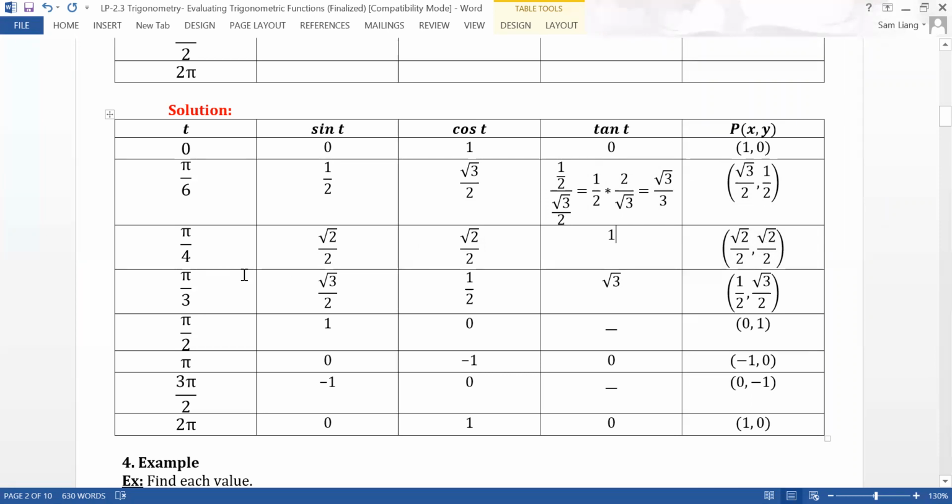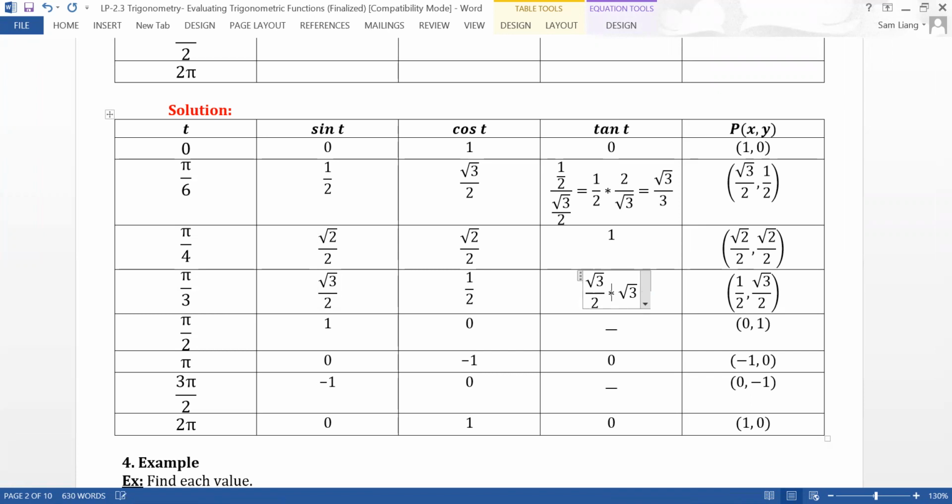All right, next we have pi over 3. So that's 60 degrees. Sine of 60 is root 3 over 2. Cosine of 60 is 1/2. And then we're going to have root 3 over 2 divided by 1/2. Let me write that here. I'm going to skip a step.